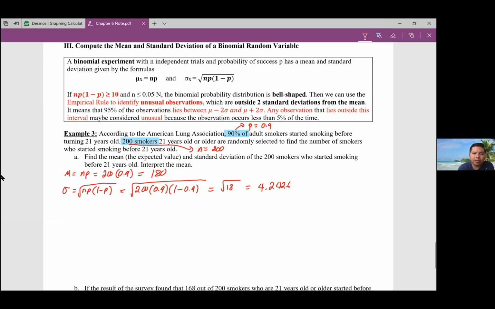It means that out of 200 smokers, we expect 180 to smoke before the age of 21.